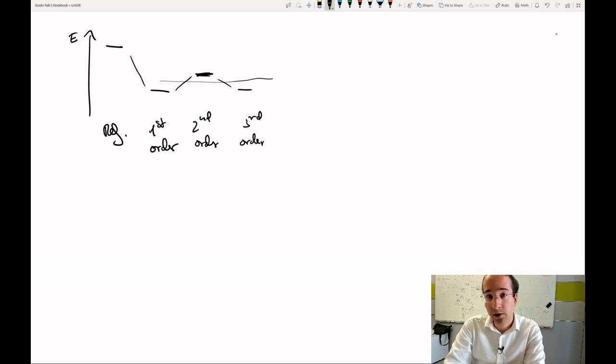And in spirit, you already use that when you do the self-consistent calculations from earlier procedures, where again you say at some point this is good enough and you don't continue with a systematic improvement anymore.